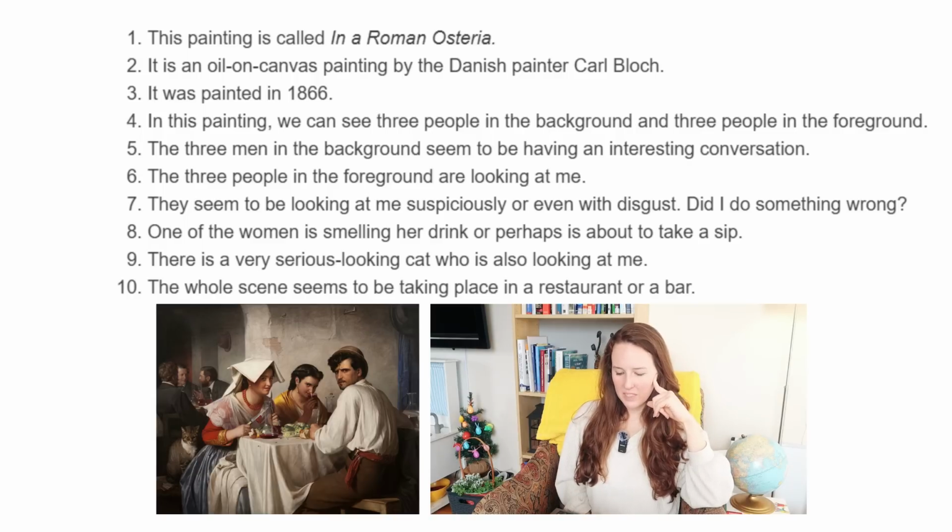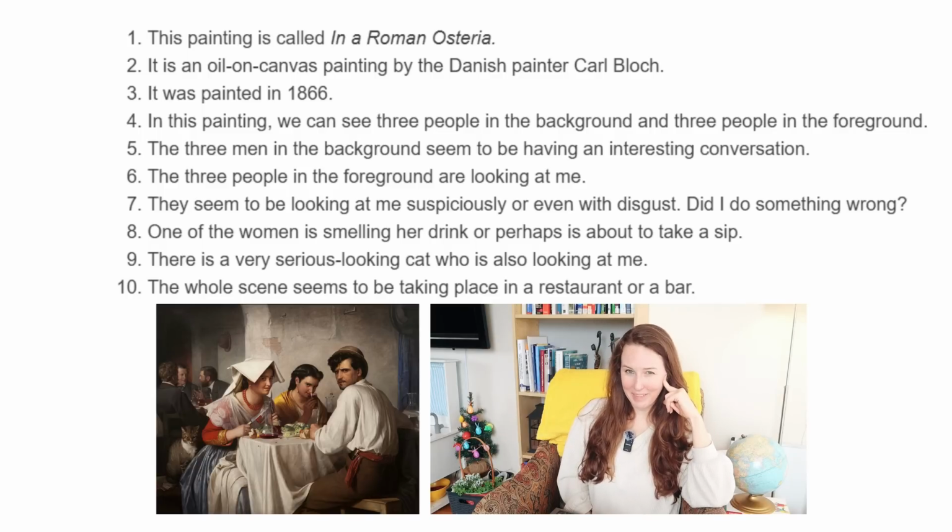One of the women is smelling her drink, or perhaps is about to take a sip. 9. There is a very serious-looking cat who is also looking at me.